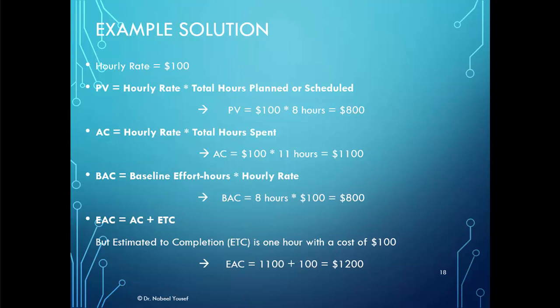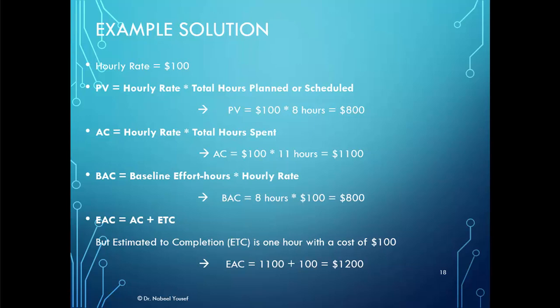Now the budget at completion, or BAC, is equal to the baseline effort hours times the hourly rate, which in this case is 8 times 100, and that's the baseline that we agreed on at the beginning of the project, which is $800.